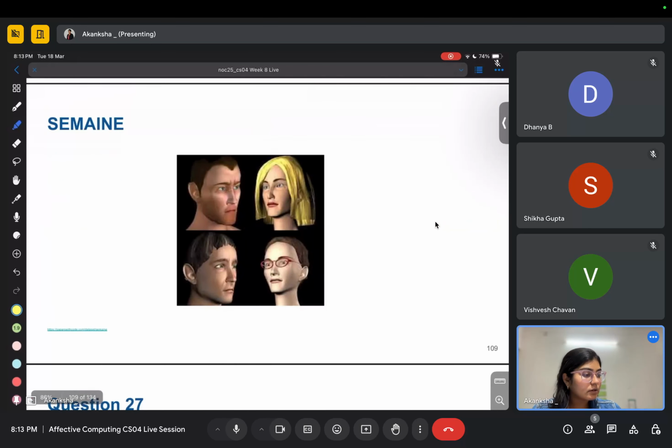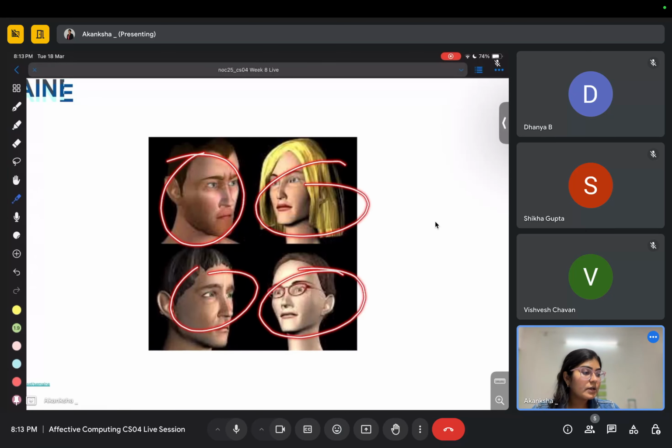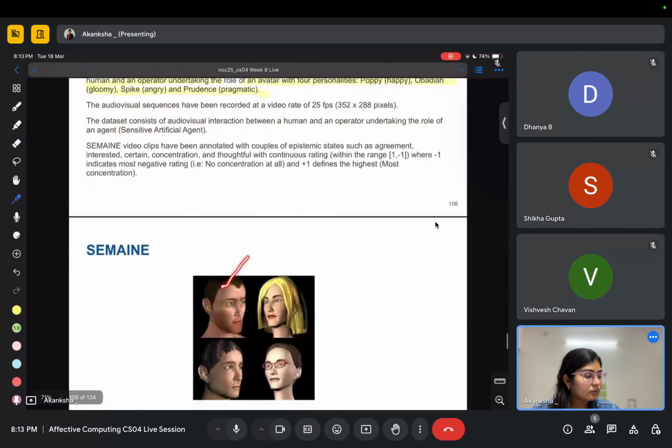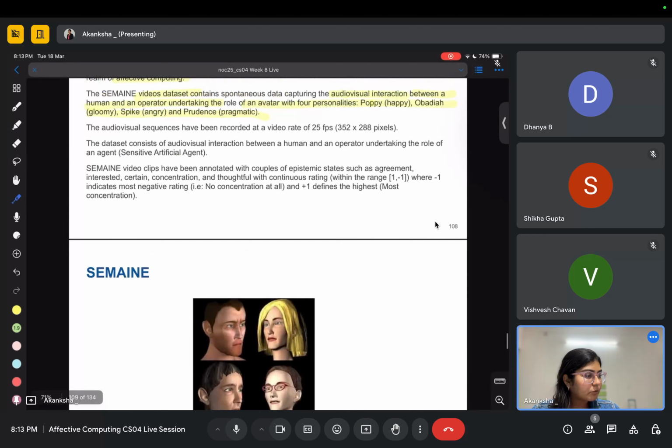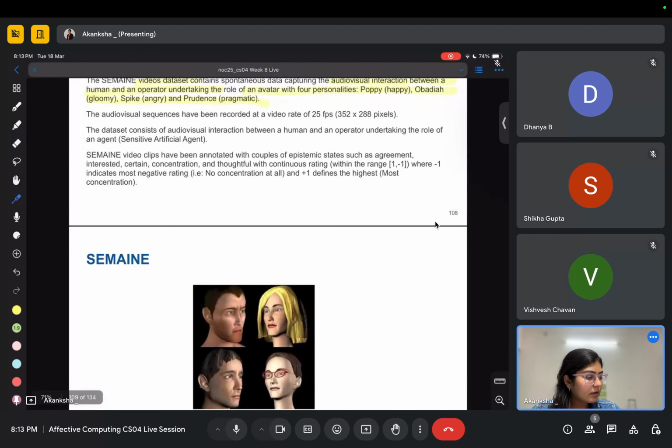So let's say here you can see all the avatars are there. This is 1, 2, 3. So I think this is Poppy, Obadia, Spike, and Prudence. So yes, they have their names.